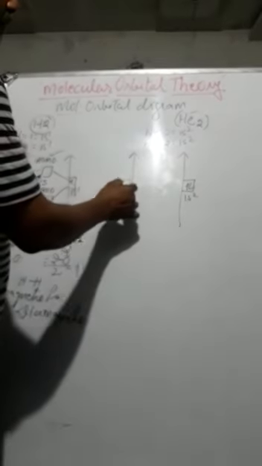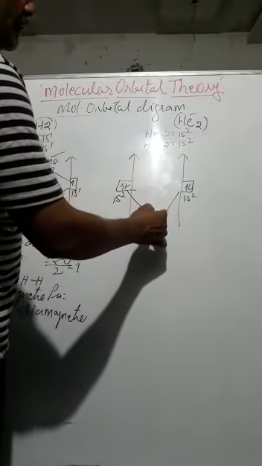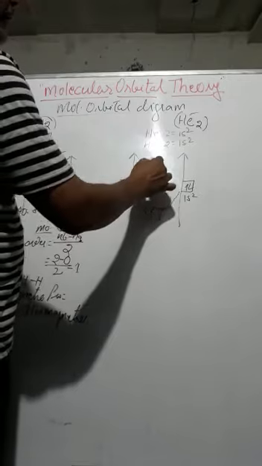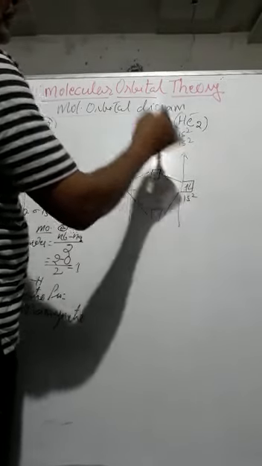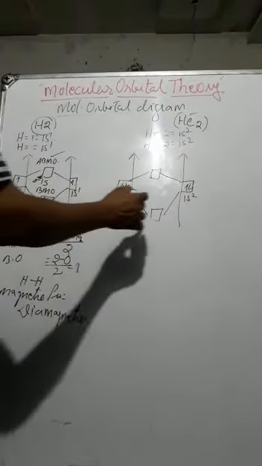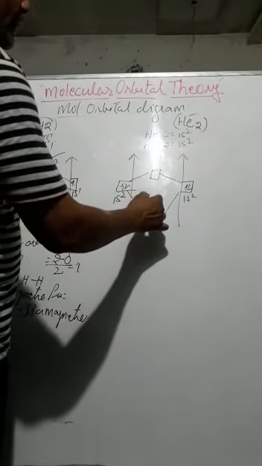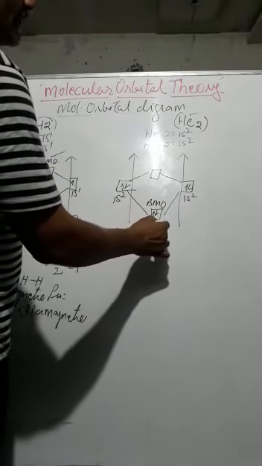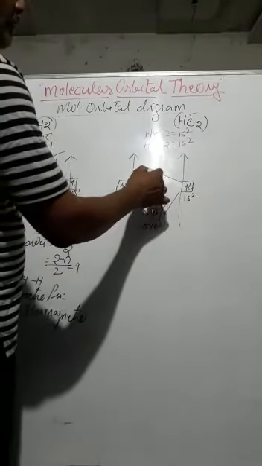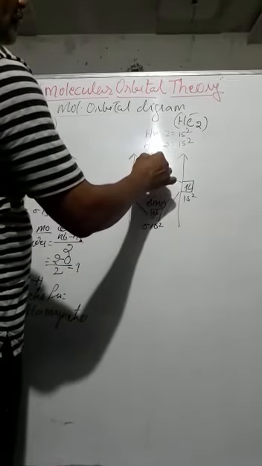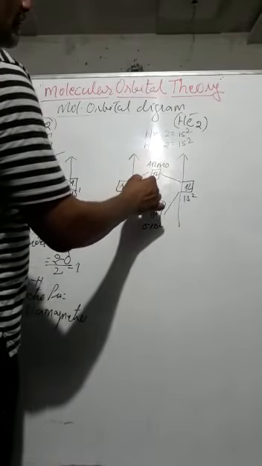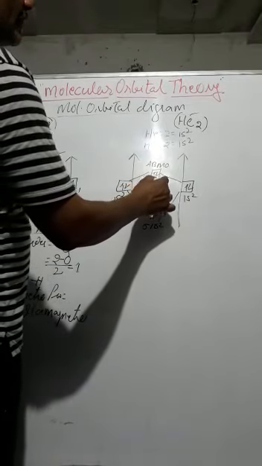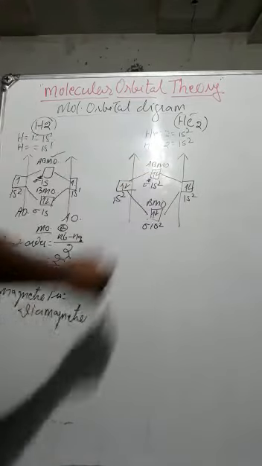Now according to the Aufbau principle, very first fill the lower energy, then fill the anti-bonding molecular orbital of higher energy. So one electron each will form the bonding molecular orbital, denoted as sigma 1s2, while the second electrons will form the anti-bonding molecular orbital, denoted again by sigma 1s2 but with a star sign.